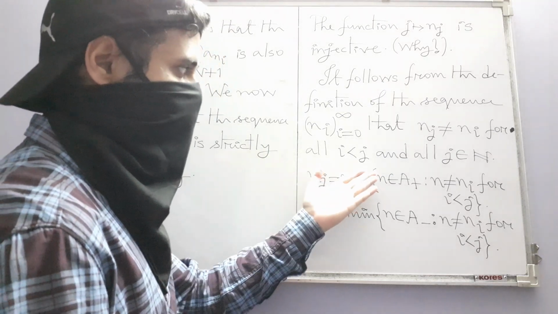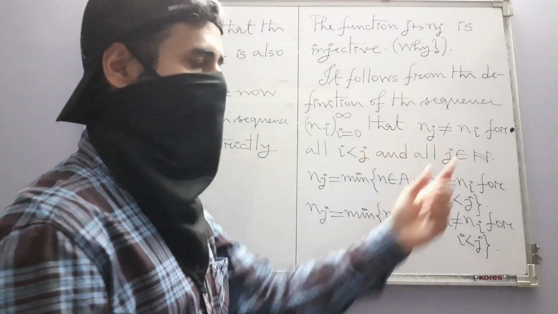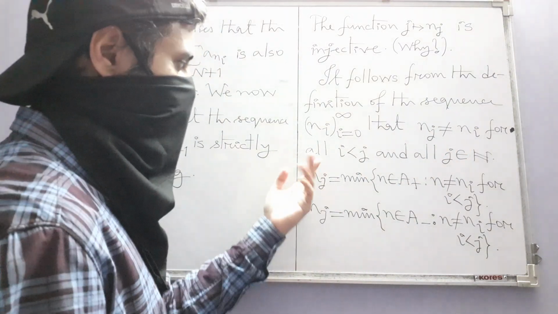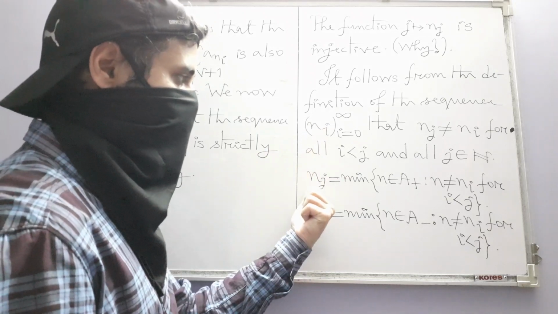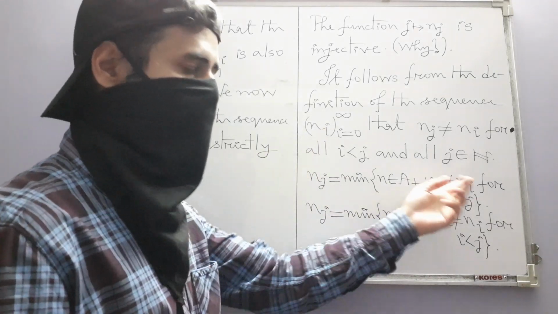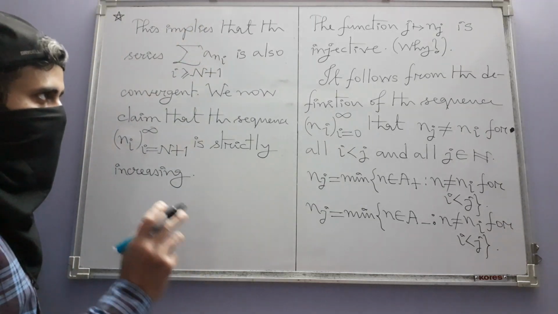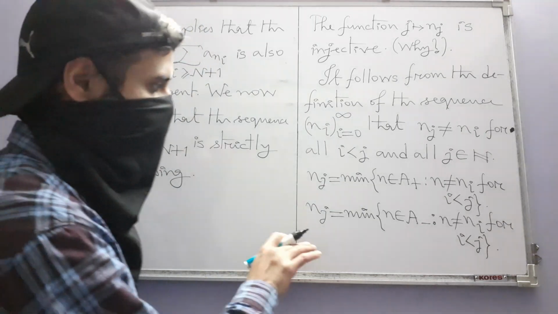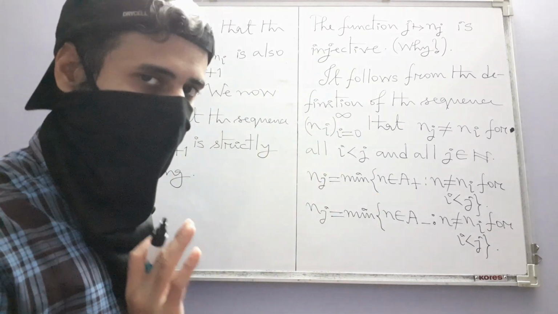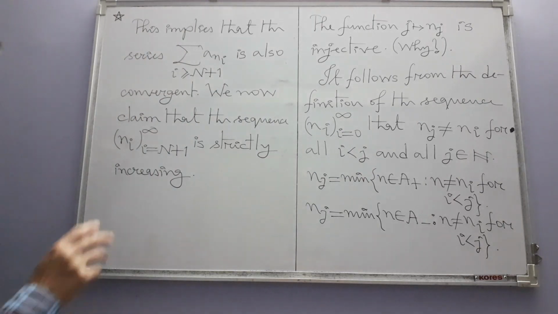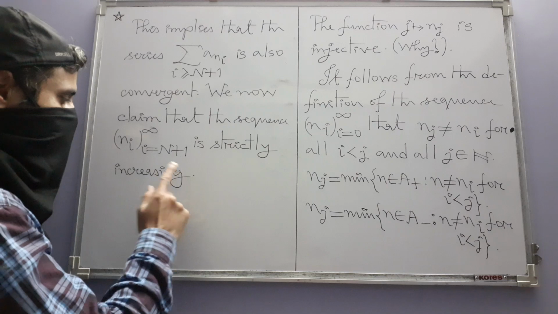If it is i less than j, then you already know that this is how Nj and Ni are different. And even if i is greater than j, then you will have Ni here and Nj coming in this set. Then also they are different. So that's why the map is injective, and this is how we have the third y. So the fourth y is what we are answering now. And I remembered this suddenly here because now I am going to need this injectivity.